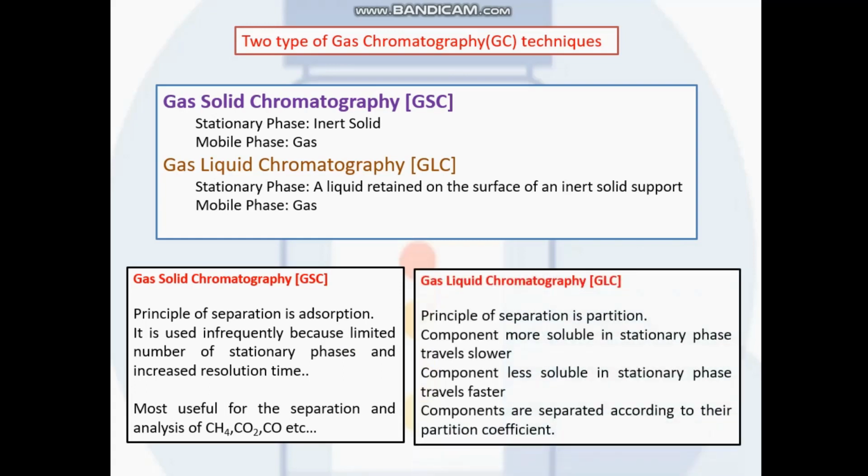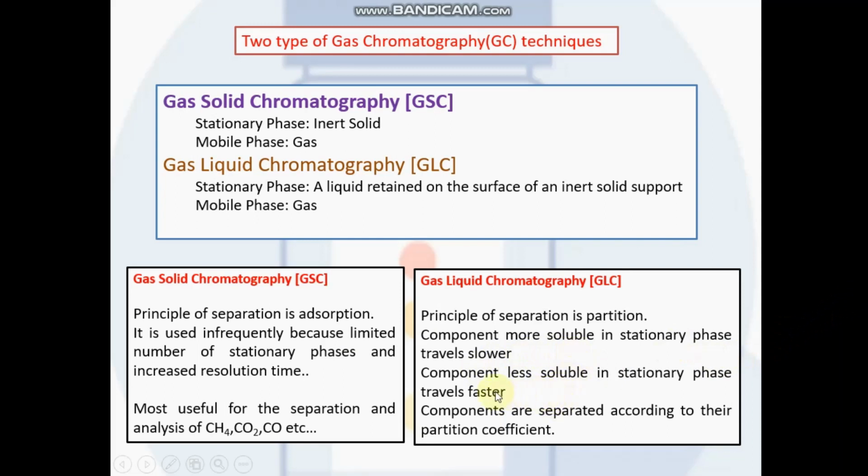In gas liquid chromatography or GLC, the principle of separation is partition. A component more soluble in the stationary phase travels slower through the chromatographic column.